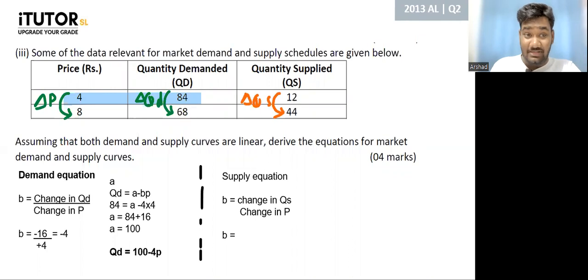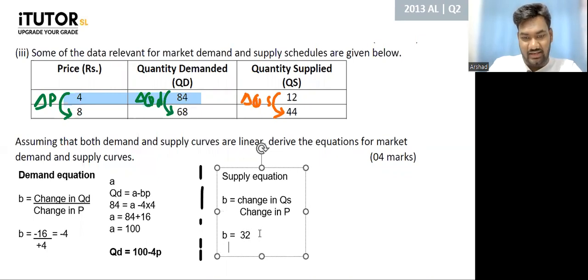So what do I get as numbers then? My change in quantity supplied, 12 going to 44, is 32, divided by change in price, which is a plus 4. So don't need to worry about the pluses and minuses because both are plus. So how much is my B component? It's a plus 8, right? Then I have to use my B component here.